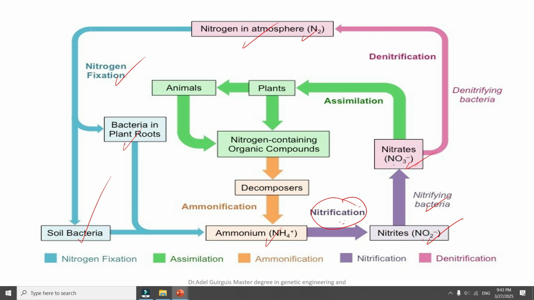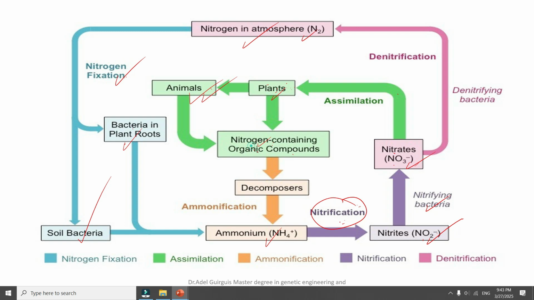Okay, nitrate is absorbed by plants. Nitrates inside plants, as a source of nitrogen, enable the plant to make proteins. Eaten by animals. Both plants and animals die, or their waste goes into soil.